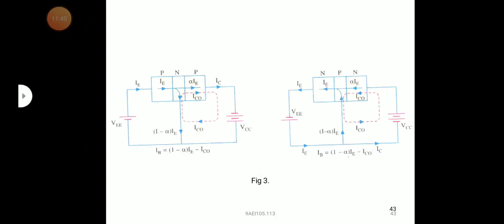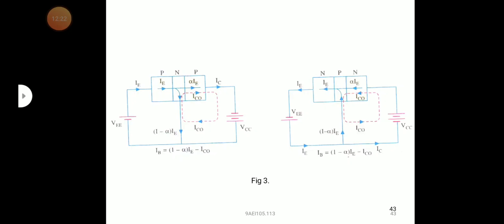So what is the IB value? IB is 1 minus alpha IE minus ICO. What it means: the total amount is IE, some of the amount is recombined, that is alpha IE, and again some of the amount is lost because of this reverse saturation current ICO.